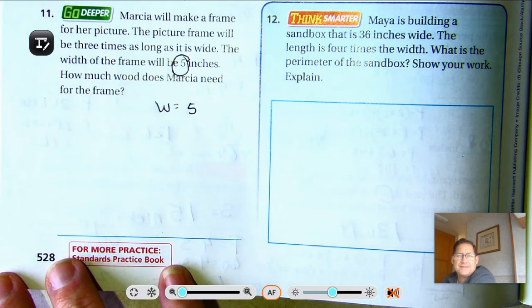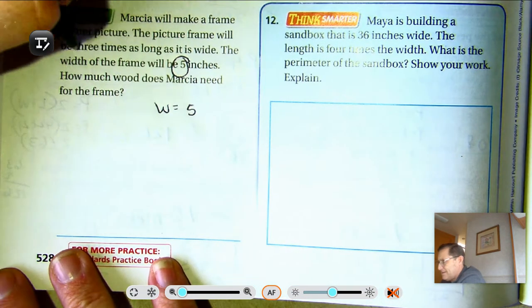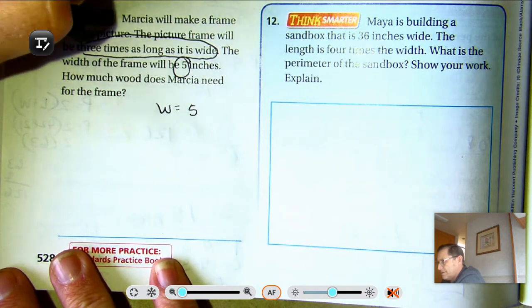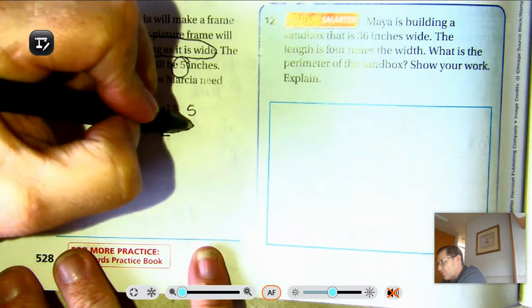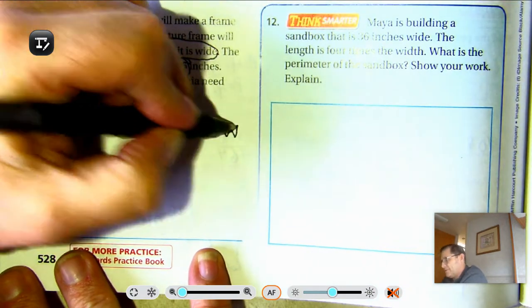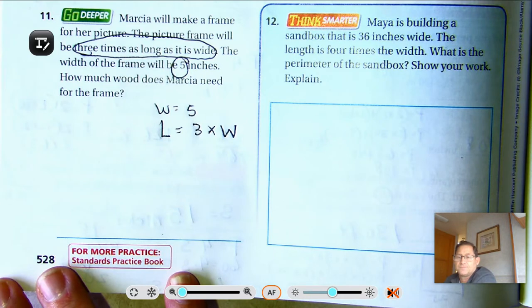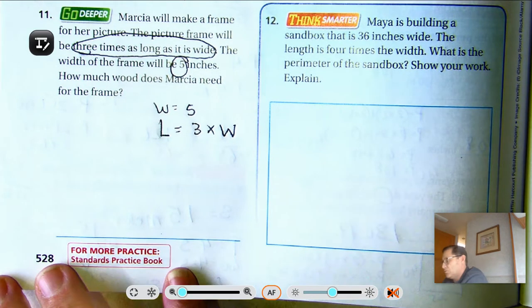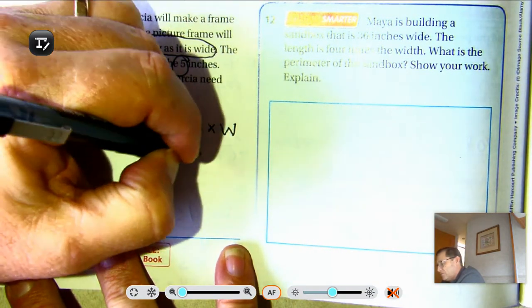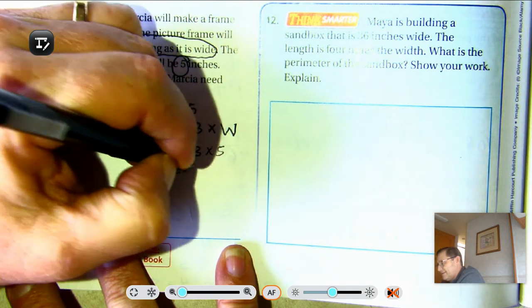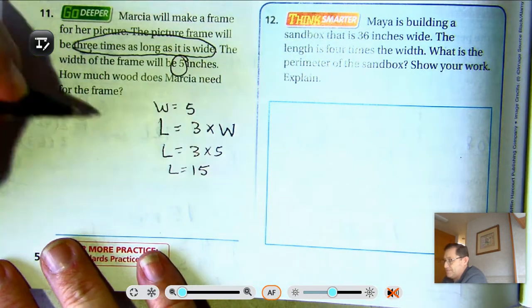The length will be 3 times as long as it is wide. So the length equals 3 times the width. The width is 5. So L equals 3 times 5. The length is 15 inches.